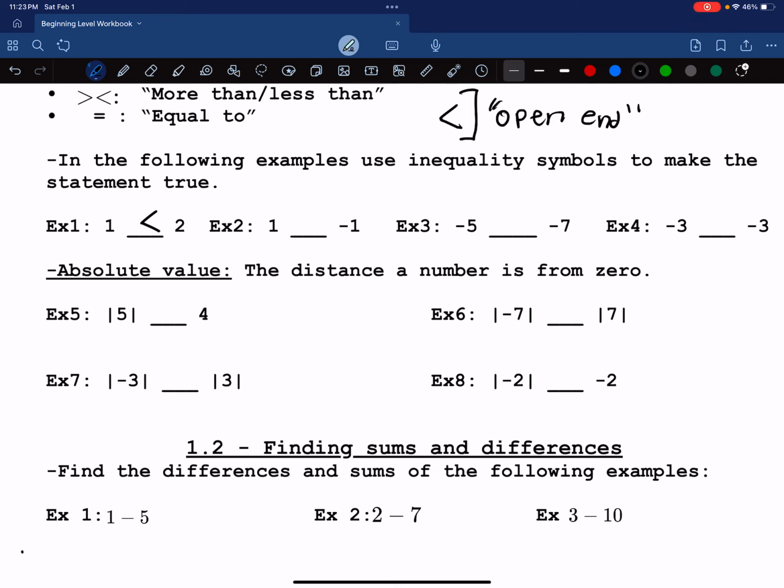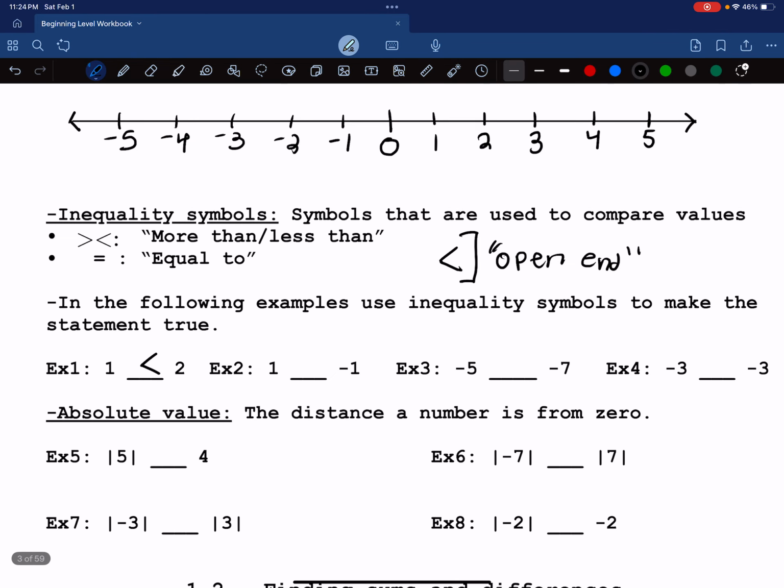Now I encourage you to try example 2 on your own. Assuming you have given it a go, we are comparing the values 1 and -1. And since 1 is positive and -1 is negative, 1 is going to be greater than -1. So we're going to face the open end of the inequality symbol towards the 1.